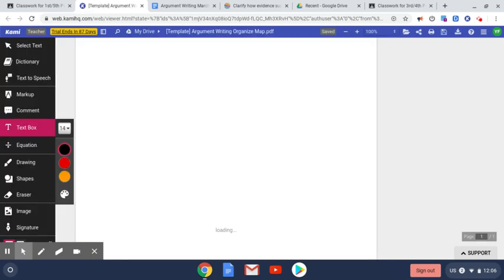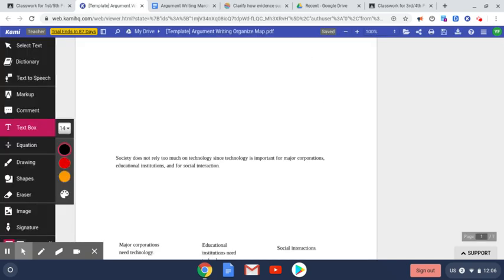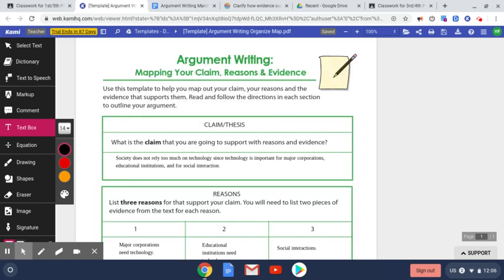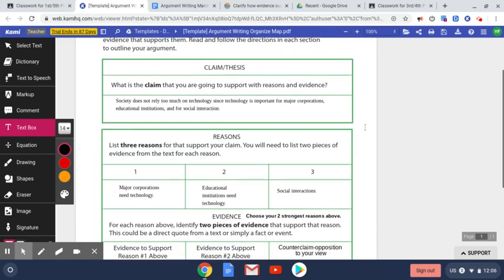If you were not able to put Kami onto your device, you could open it with DocuHub, or maybe at home you're able to actually print it out and you can write on it, and then you can take a picture and you can email that to Mrs. Fields. Whatever way works best. If you want to create this document in your notebook and write it in your notebook, that would be fine as well. Whatever will help you to be successful.